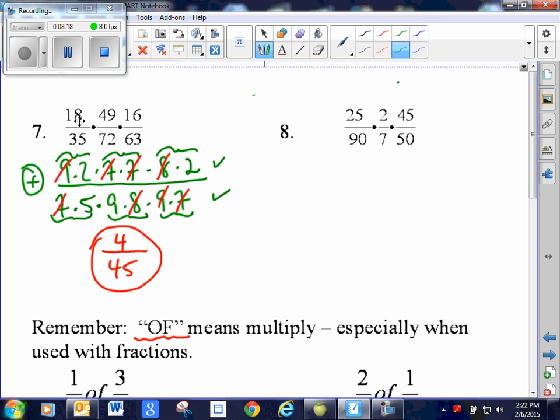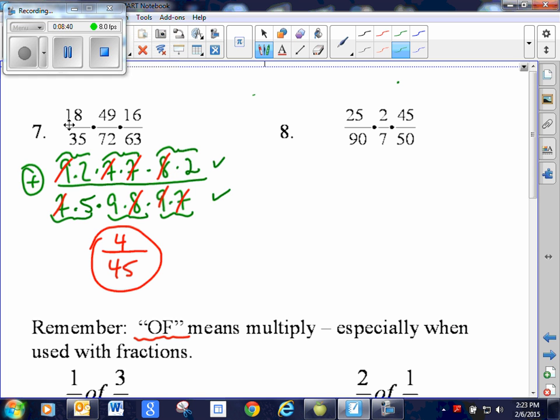So I'm going to look at 18, and I'm going to look down here and say, what do I see that maybe this 18 is going to be able to cancel with? Now, I do know that 18 is 9 times 2, and maybe down here I've got a 9 times 7 for 63, or a 9 times 8 for 72.